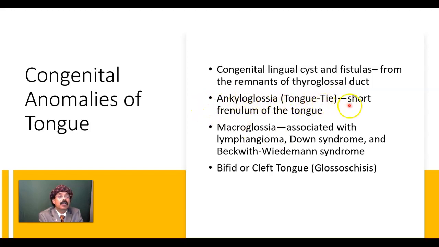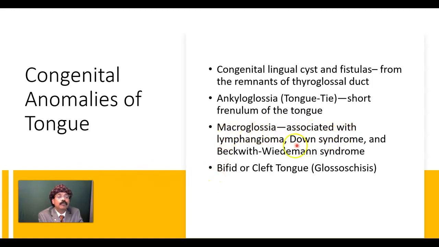Ankyloglossia, tongue tie, is a short frenulum of the tongue, so the person cannot protrude the tongue. The tongue is fixed to the floor of the mouth because of lack of degeneration of the fold on the undersurface of the tongue. That is called ankyloglossia. It may cause some disturbance during lactation, otherwise it may be without any problem. Okay.